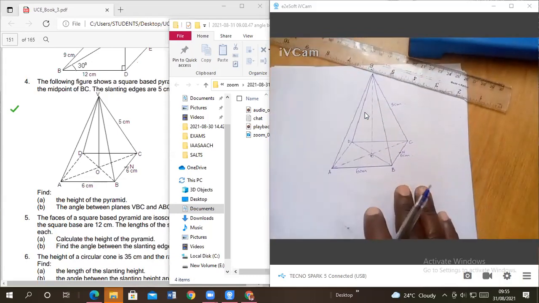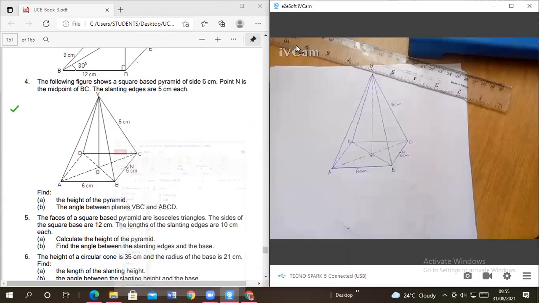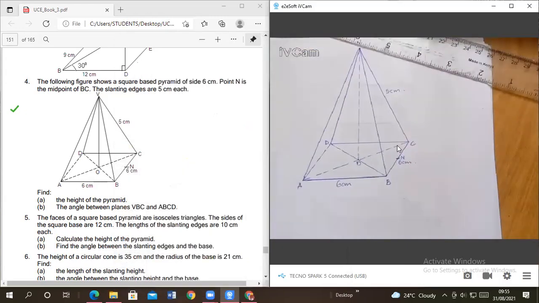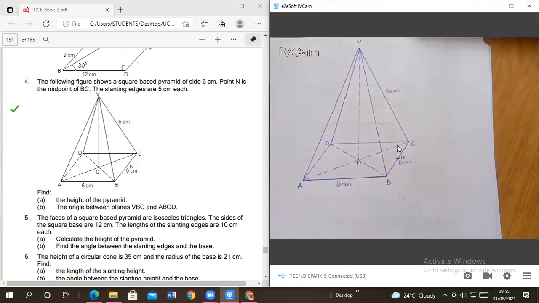Okay, now for us to find the height of that pyramid, what are we going to do? Who can tell us? What are we going to do to find the height of that pyramid? Zoom in there very well. What are we going to do to find the height of that pyramid?